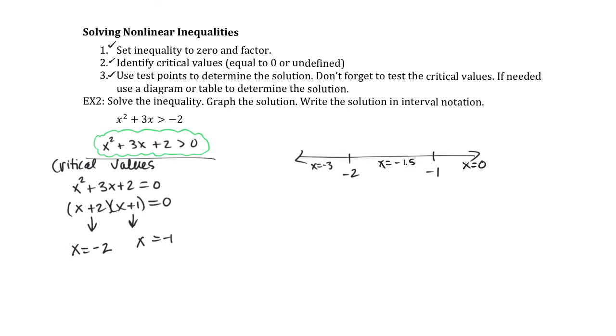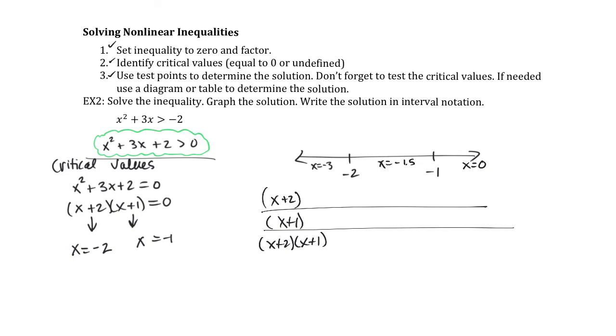I'm going to set up a little sign chart here. My factors are x plus 2, x plus 1, and then the function is x plus 2 times x plus 1. Let's see what happens here.